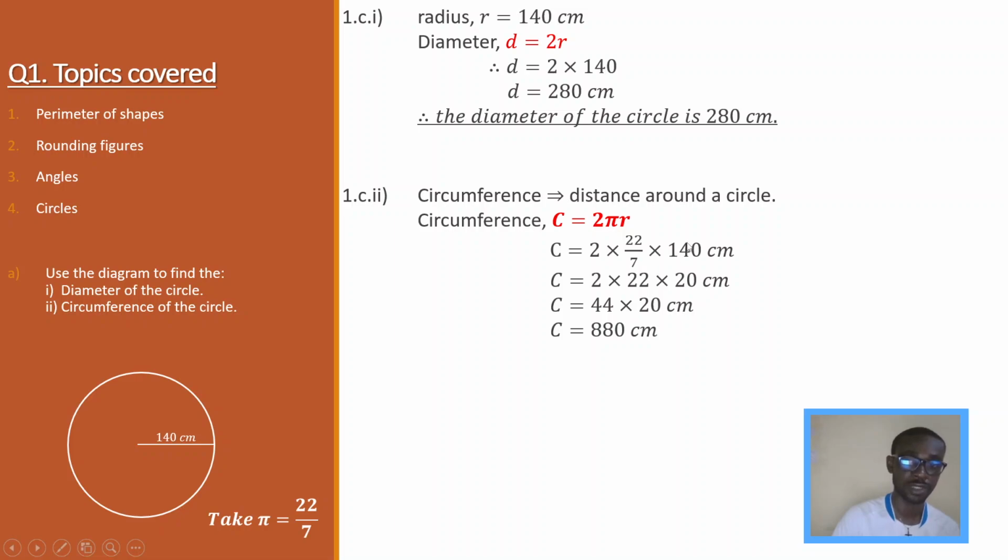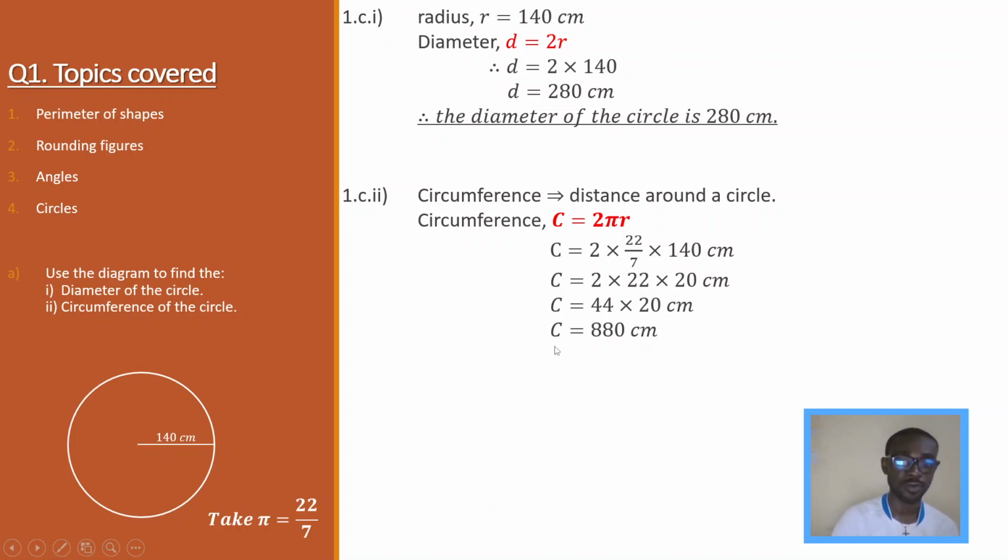First, you use the 7 to cancel the 14, which will give you 2. Then 7 will cancel this 0 as well. So 7 will go into 140 20 times. Or 140 divided by 7, you get 20. Then 2 times 22 will give you 44 here. Then you multiply it by the 20 that we have here to give you your 880 centimeters.